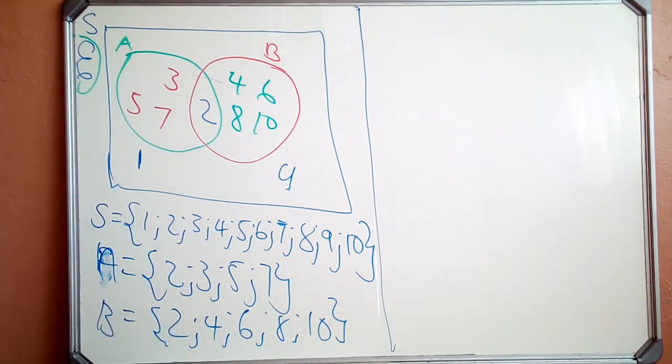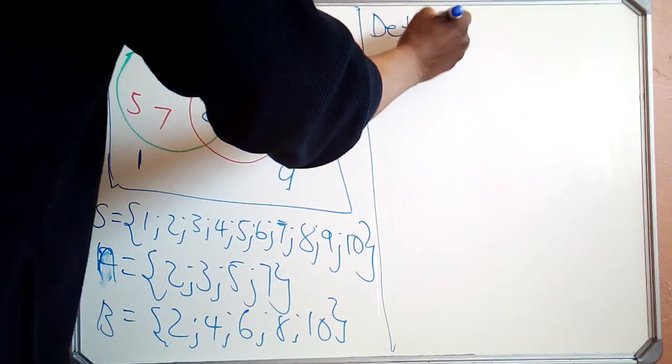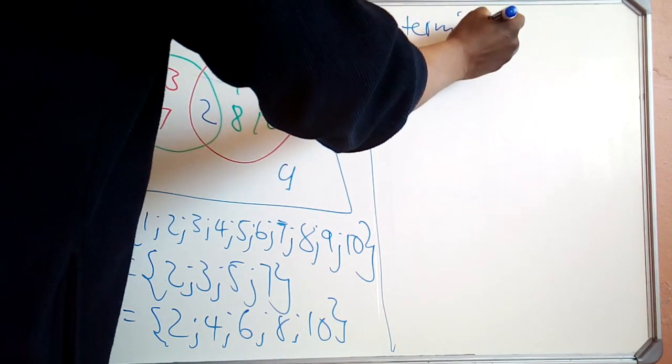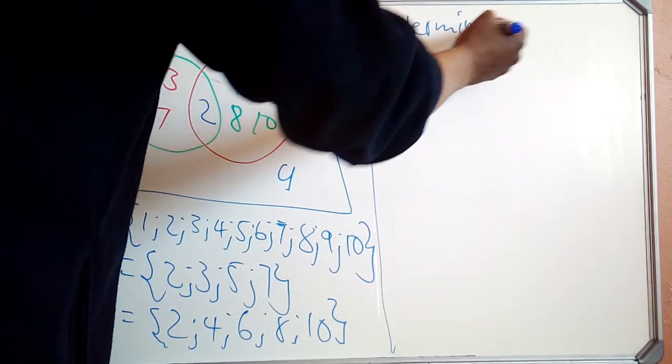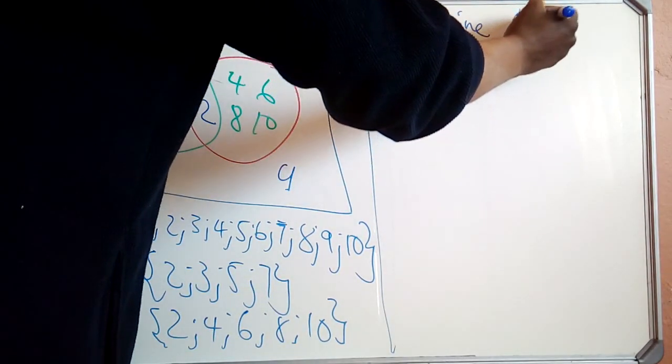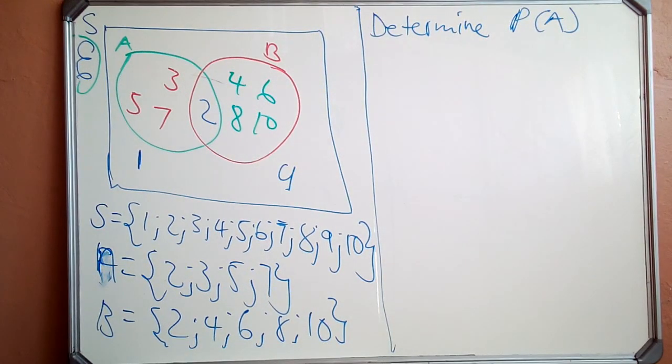Okay? And then the question says, determine the probability of event A happening. What is the probability of A in the sample space?